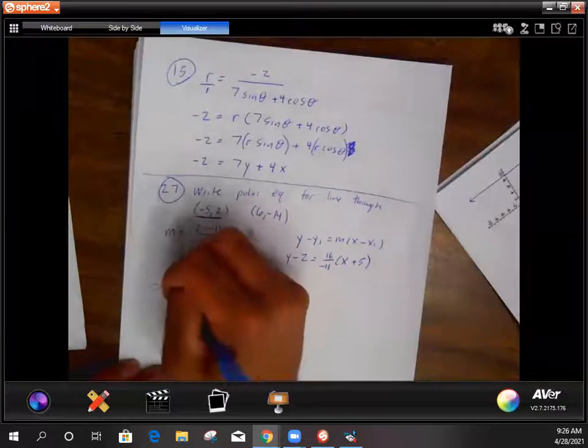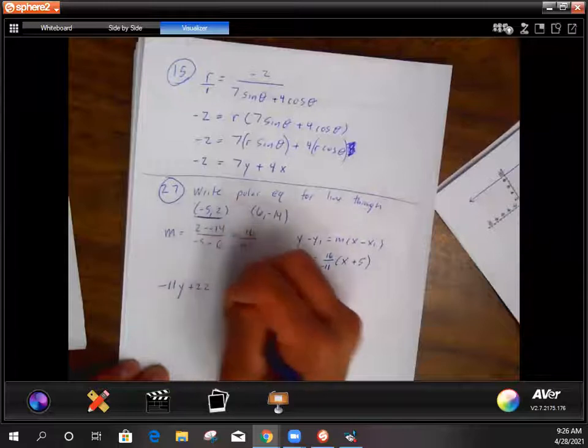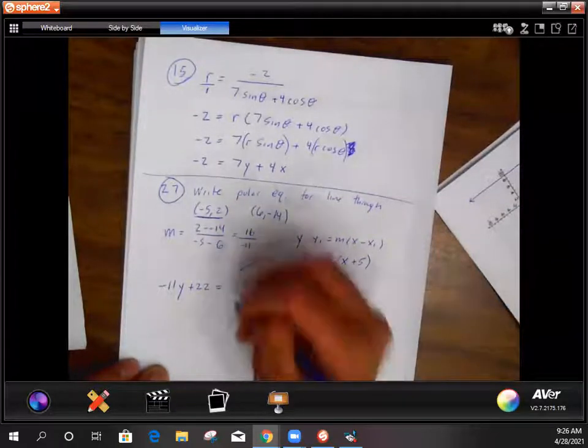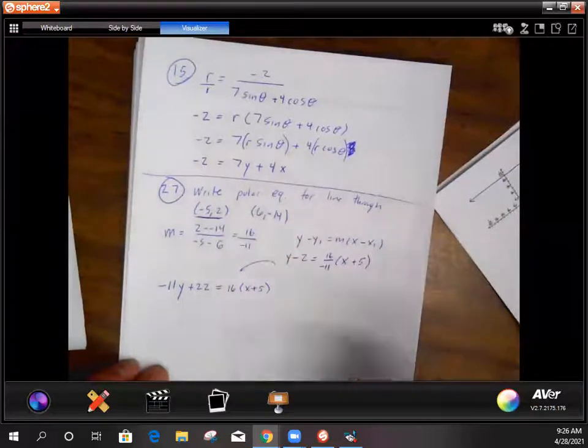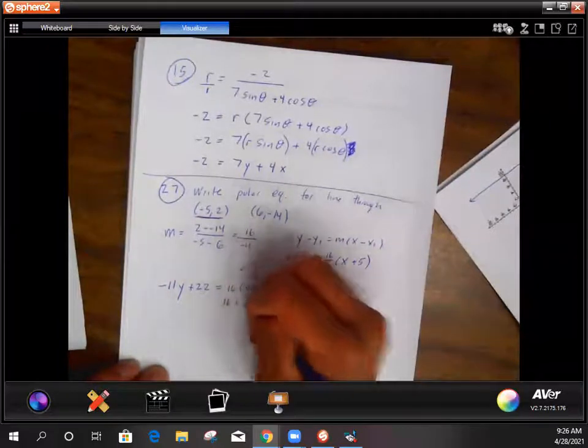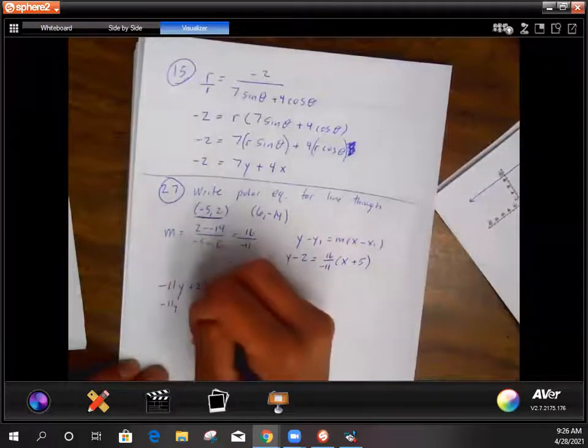So I get -11y plus 22 is equal to 16 times x plus 5. All right, then I could distribute that. 16x plus 80 is equal to -11y plus 22.